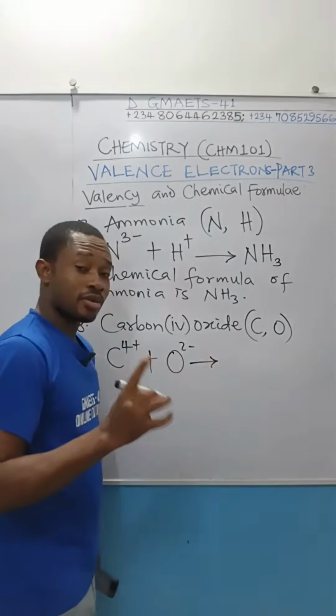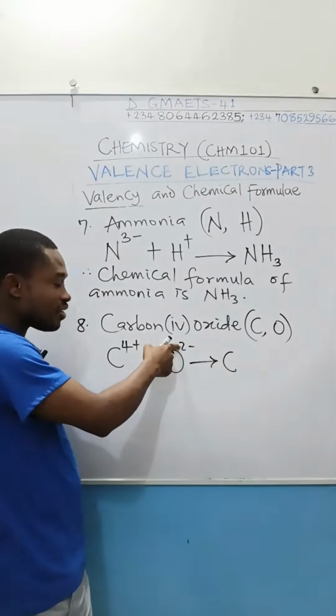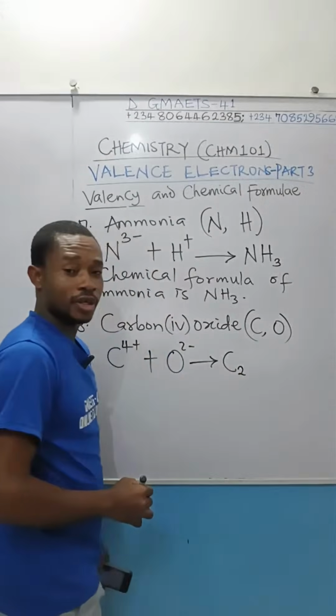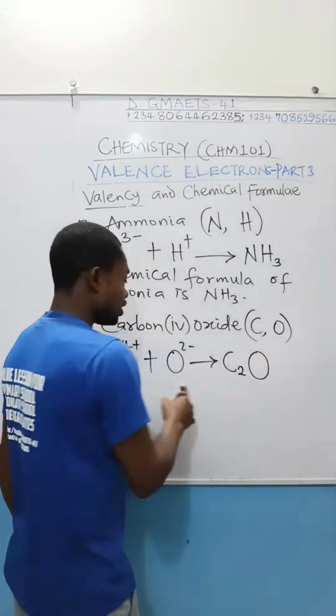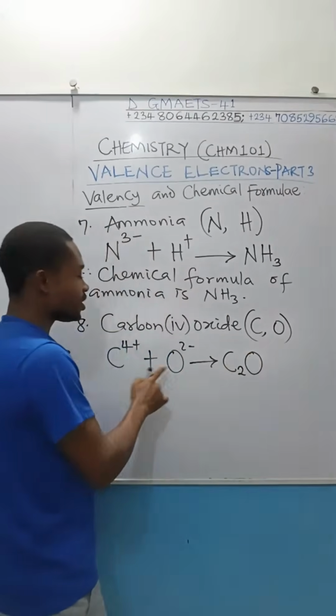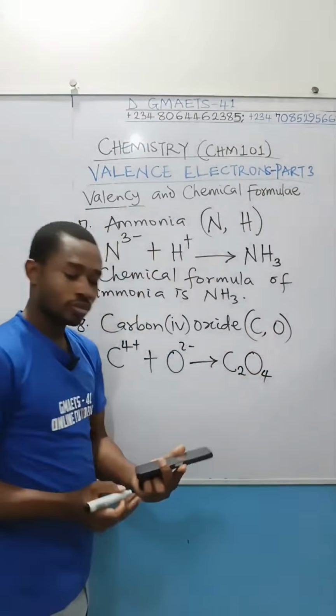When they combine, you write the positive guy first, carbon. It's going to receive the valency of oxygen as its atomicity. So we have 2 here. And then you write the negative atom, which is oxygen. Oxygen will receive the valency of carbon as its atomicity, 4.